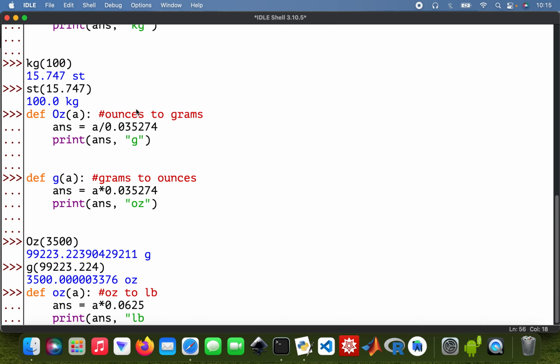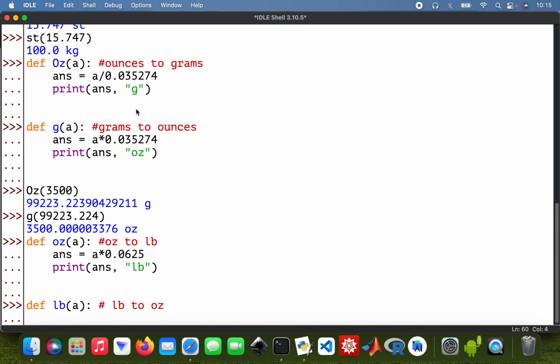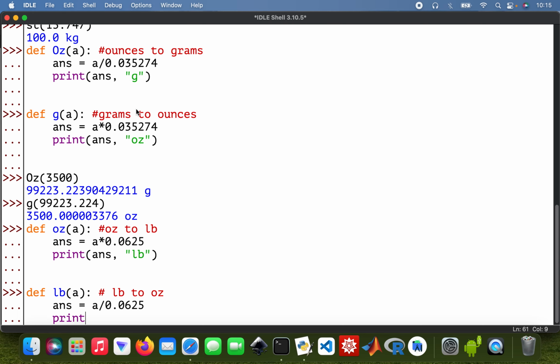Then my pound sign there. And then do the other way round. So that's pounds to ounces. Then answer as well, that'll be A divided by 0.0625. Then print my answer as well.